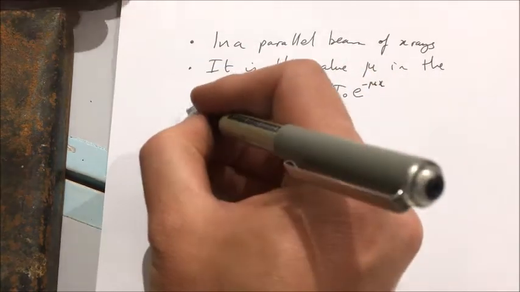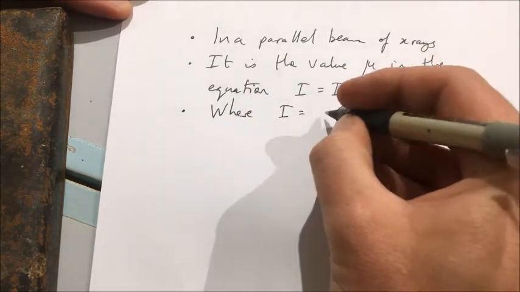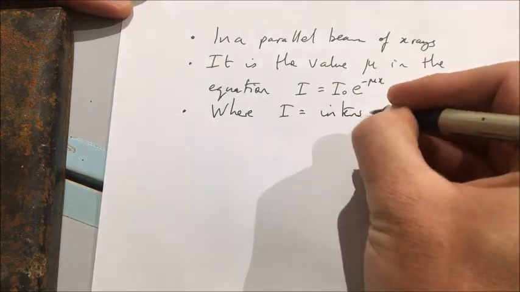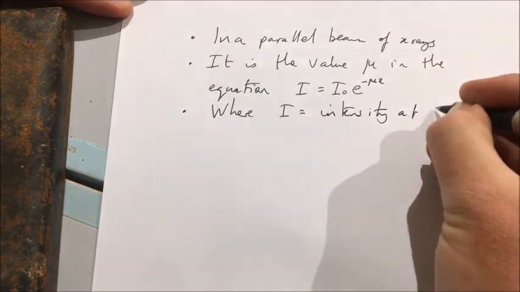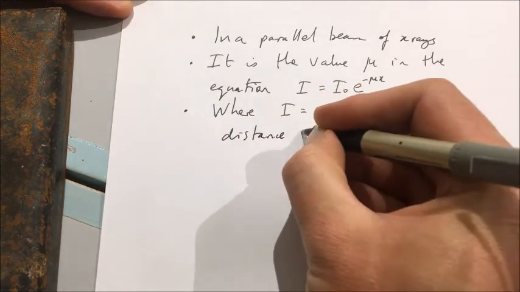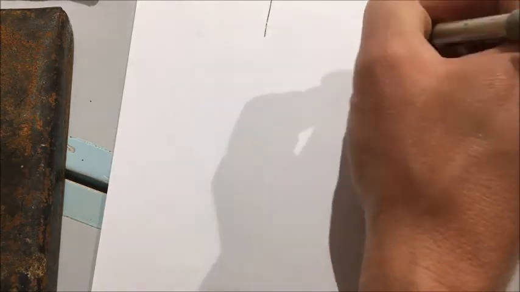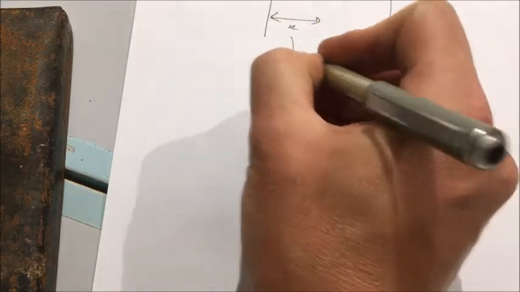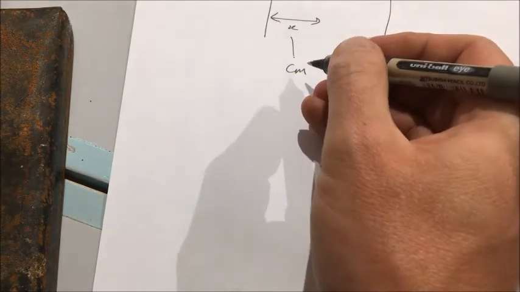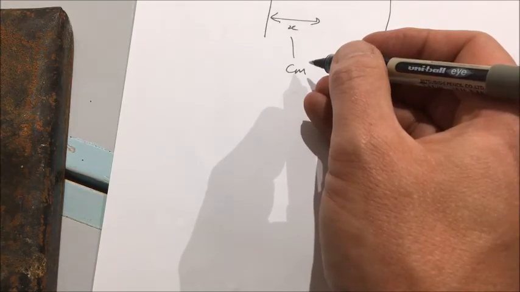And then we say that where I is the intensity at that distance, x. So what do I mean by that? Well, if I'm passing through bone, for example, it would be that distance x, and it's in centimetres usually, especially in our exam questions, but you must take a close look at the units.